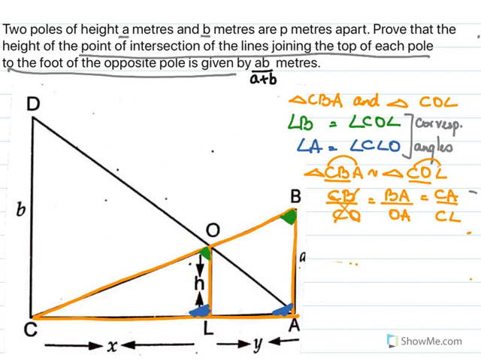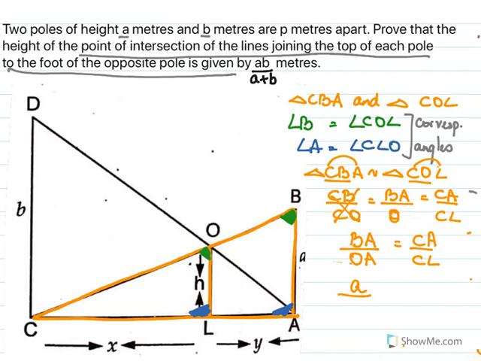We do not require these sides, so we'll write it again, BA over OL equal to CA over CL. Now look up and see what is BA. BA is A.